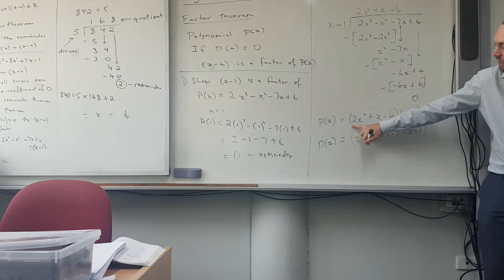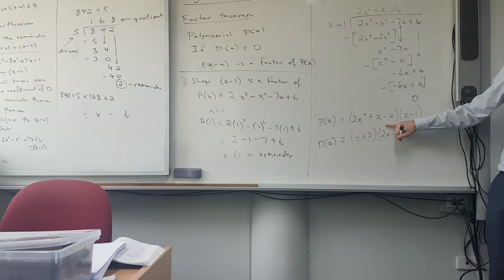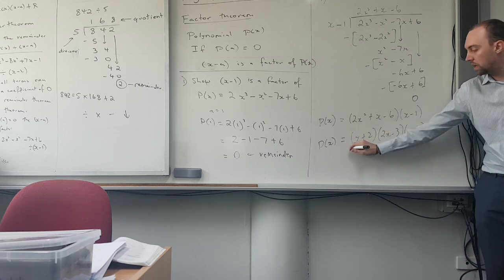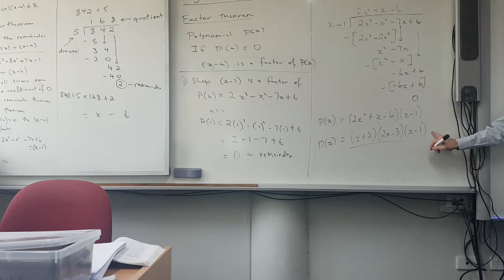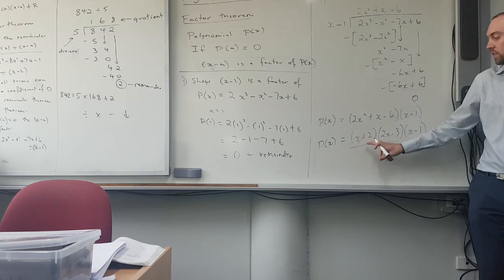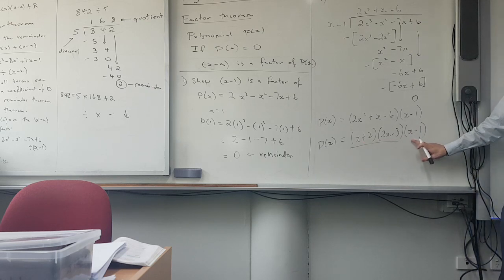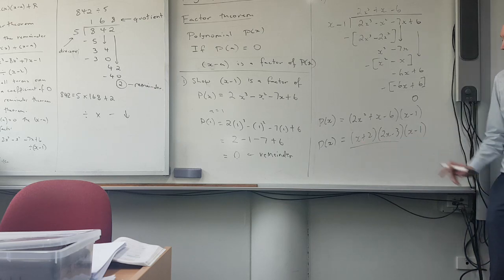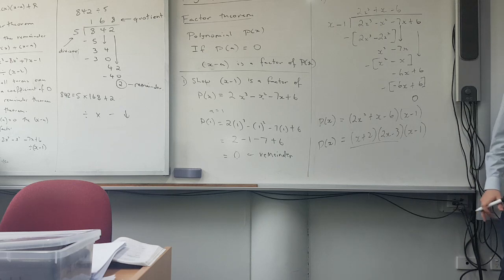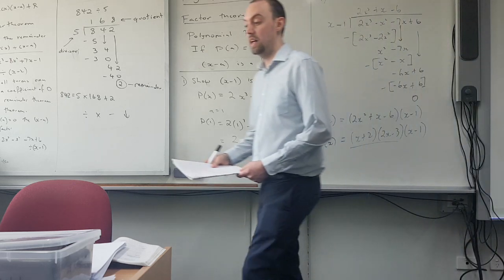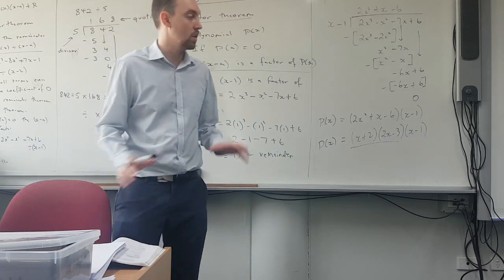So if we factorize the 2x squared, add x, take 6, we get these two terms, and then we've completely factorized the polynomial. When it's equal to 0, then we know that x is negative 2, or x is 1, or x is 3 on 2, which is 1.5. That's what we need to know at the moment.